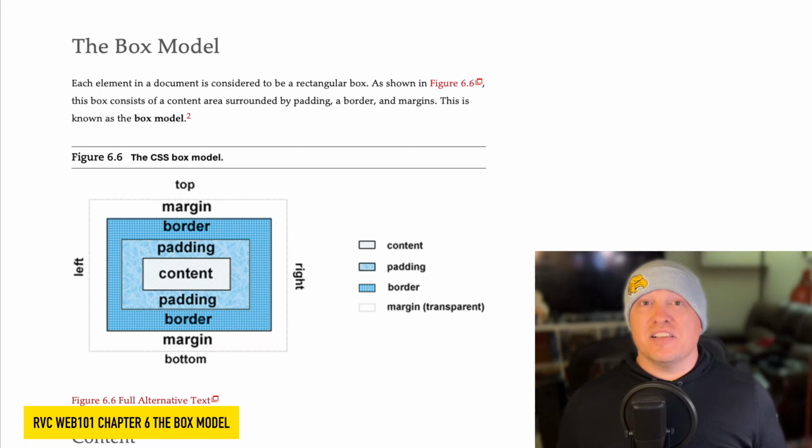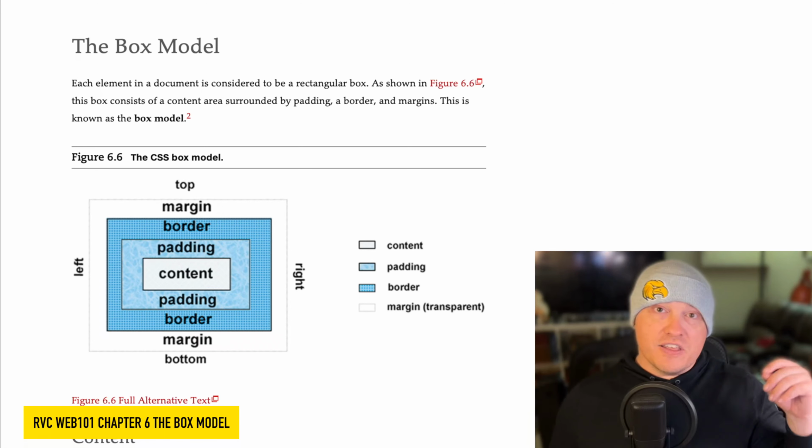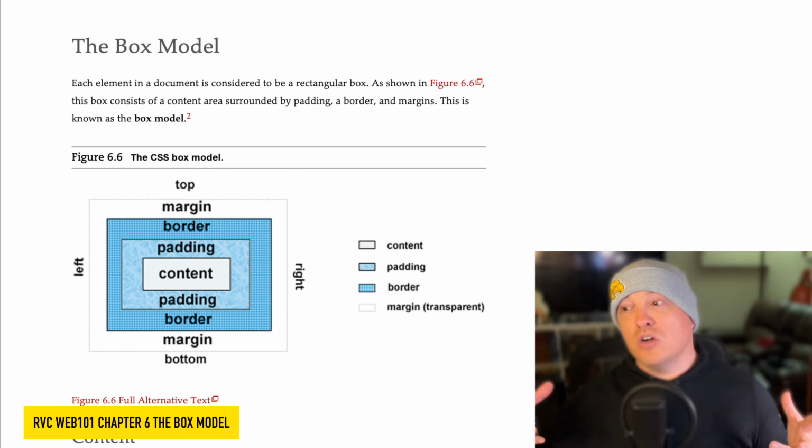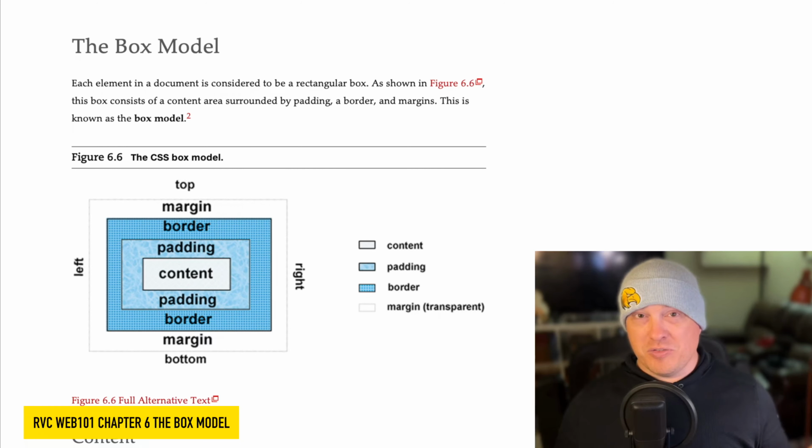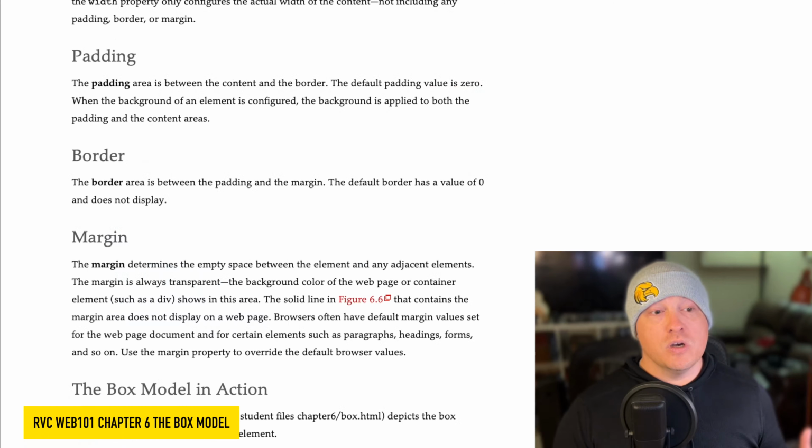It might not exist. I think good modern design says be real careful with those borders, and I tend to agree. Then the most distant from your content is the margin. That is the space between other pieces of content that you are working with.